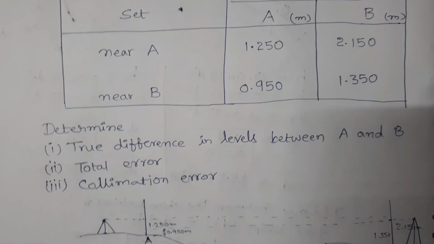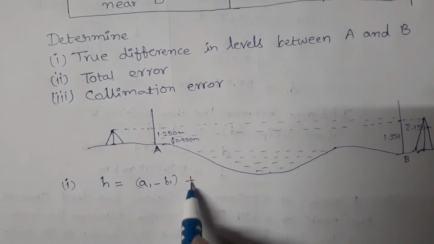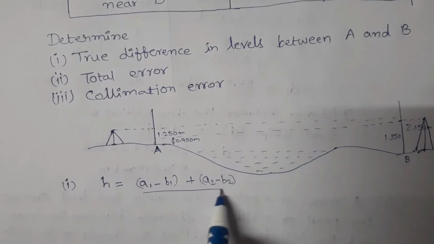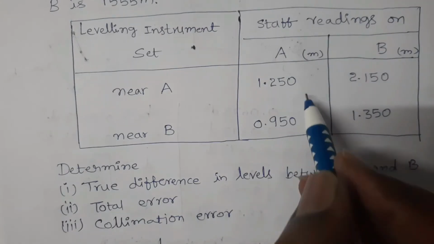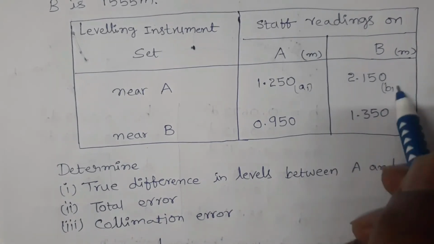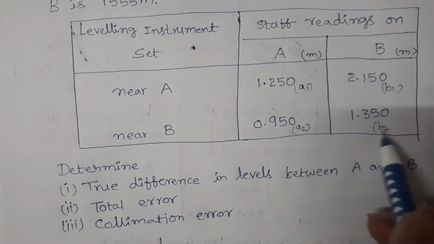H equals A1 minus B1 plus A2 minus B2, divided by 2. This is A1, this is B1, this one is A2, this one is B2.